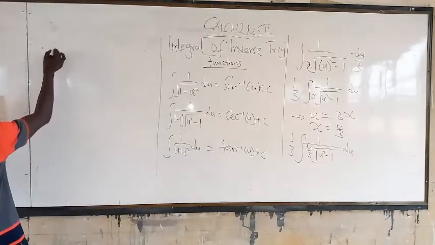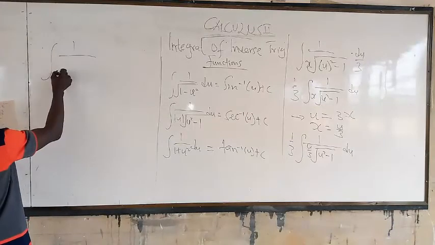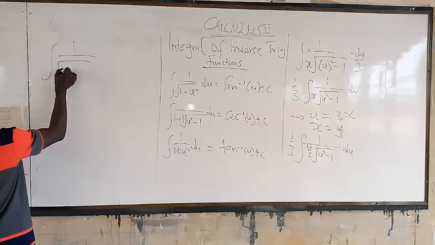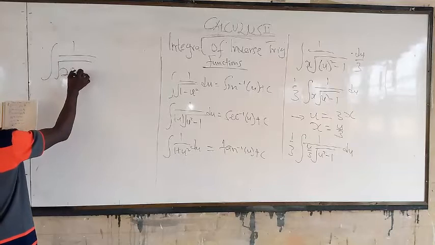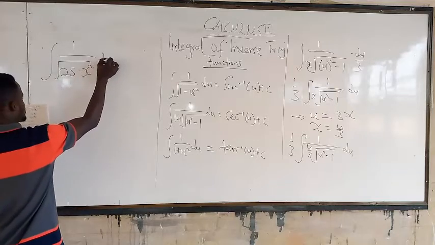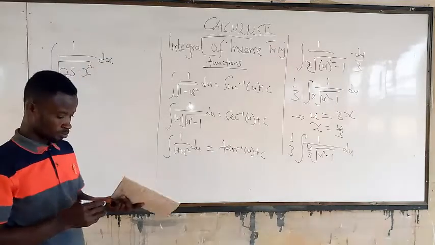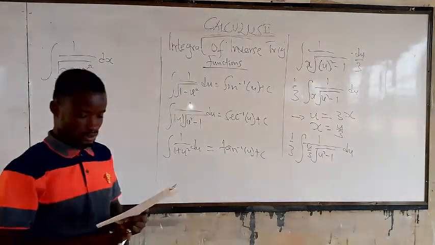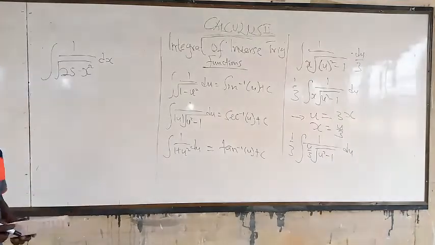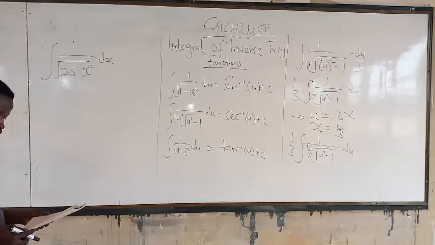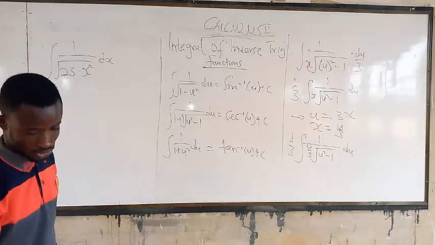So now we have the integral of 1 over square root of 25 minus s squared ds. This may be our last example. Now watch.